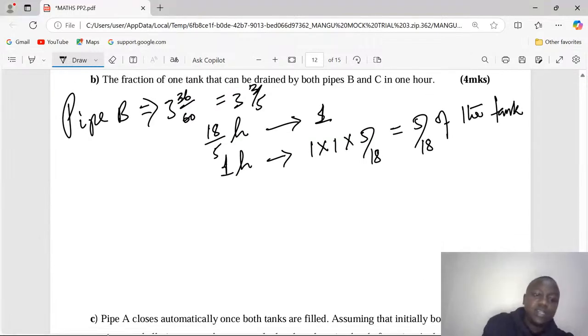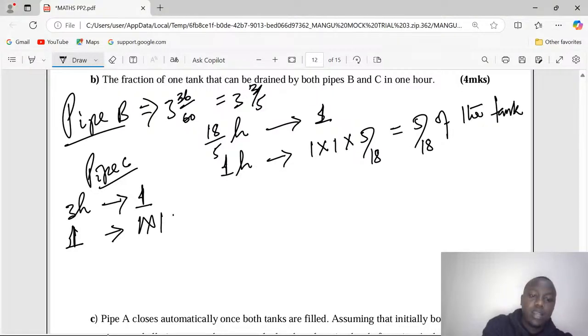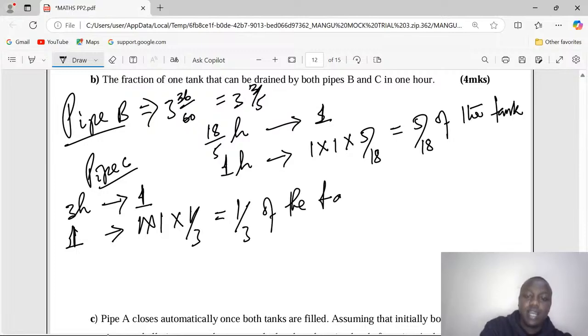So pipe C is draining the whole tank in 3 hours. What about in 1 hour? It's going to drain 1 divided by 3, which means times a third. So it's going to drain a third of the tank.